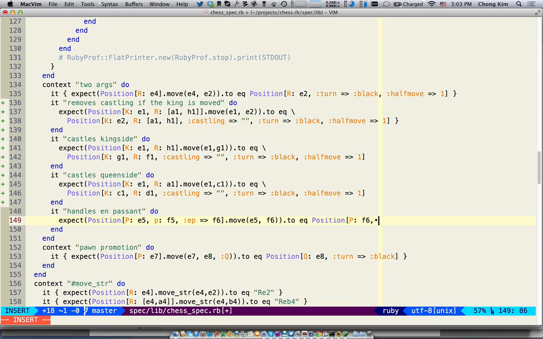And so, en passant should be nil. Actually, we can probably skip that because by default it would be nil. Let's see, turn is black, and a half move is still 0, so we don't have to include that. So I think this is it.